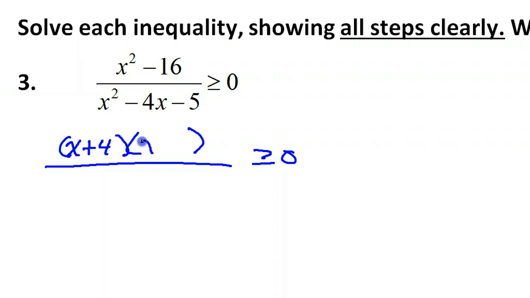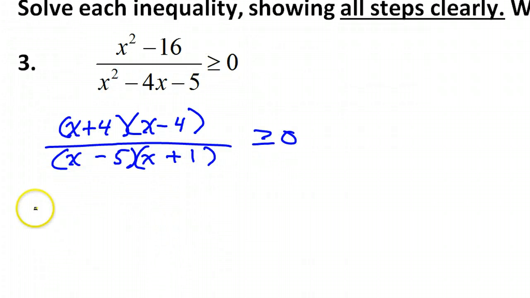So x plus 4 times x minus 4, and this trinomial is going to factor x times x, 5 times 1, negative and positive. So nothing cancels out or anything.